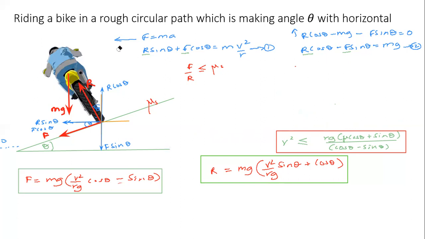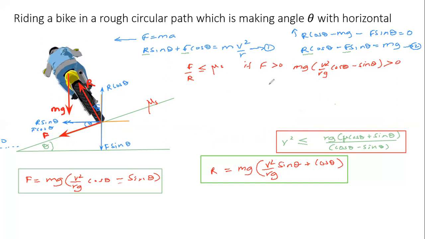Okay, so now we can see if f, friction, is greater than 0, then I can write mg into v squared over rg cos theta minus sin theta is greater than 0, right? Greater than 0 means it's a positive value.